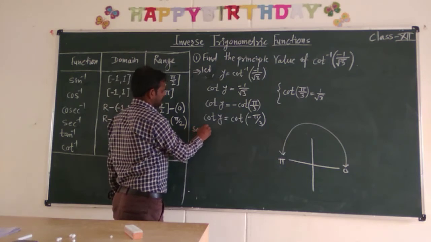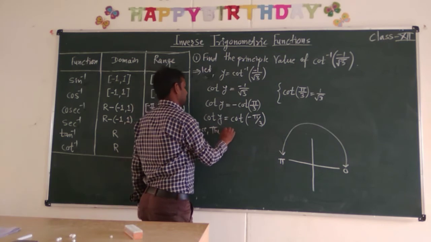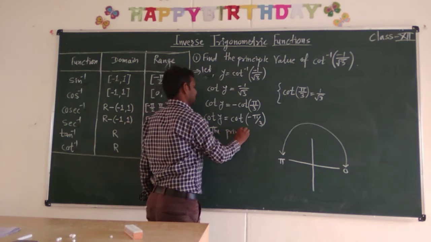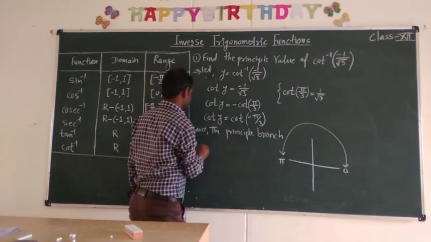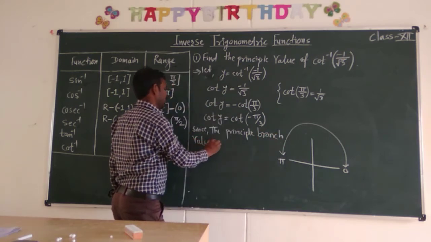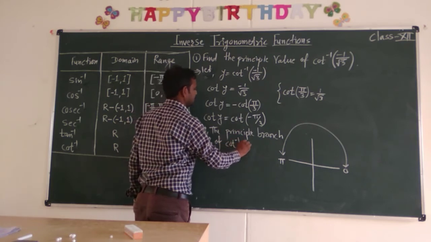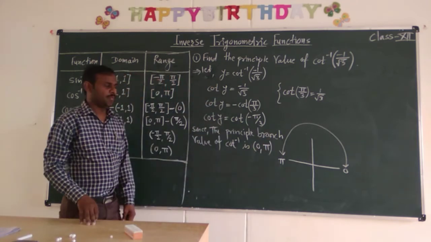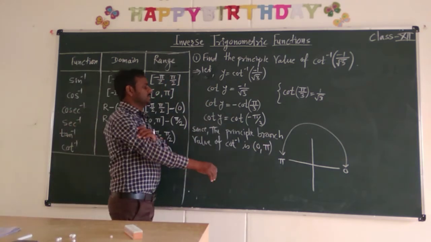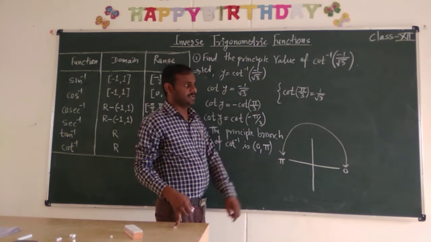Since the principal branch value of cot inverse is the open interval 0 to pi, but it is given that cot y is equal to minus 1 by root 3.